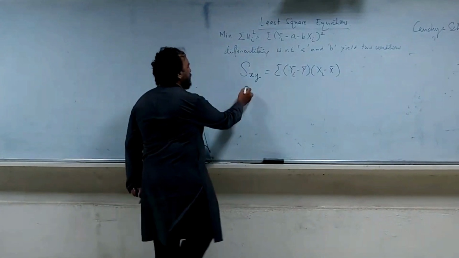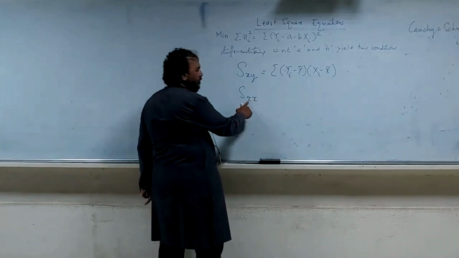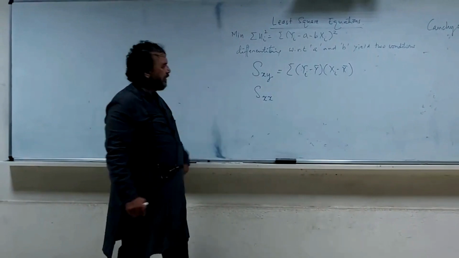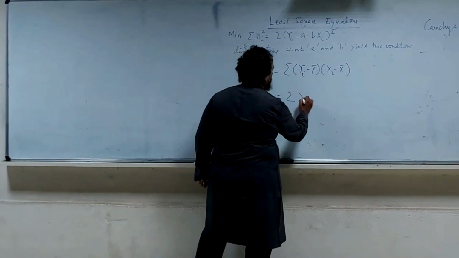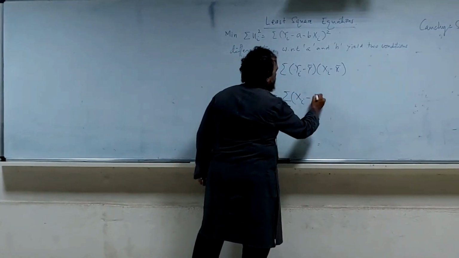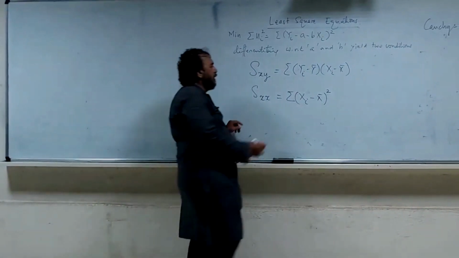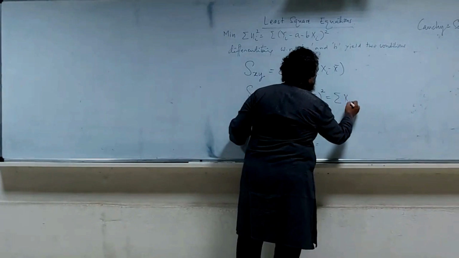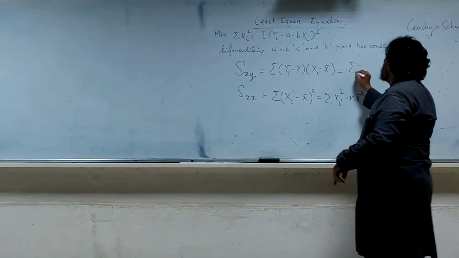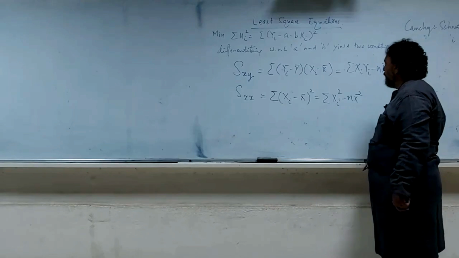And I am going to denote similarly, S stands for sum, small x, small x means square, the sum of squares of deviations of x, which is going to stand for summation of xi minus x bar, squared. You expand this and you get a quantity which is in fact summation xi squared minus n times x bar squared. Analogously, in this case you get summation xi yi minus n times x bar y bar.